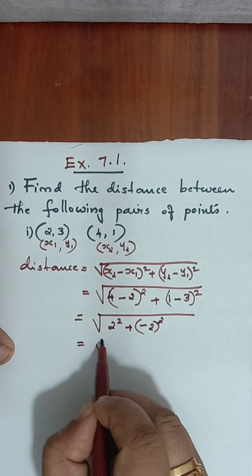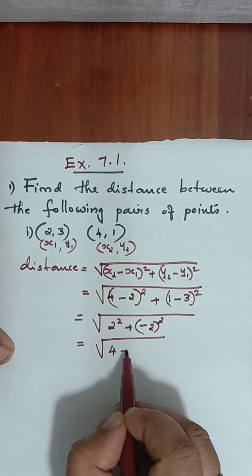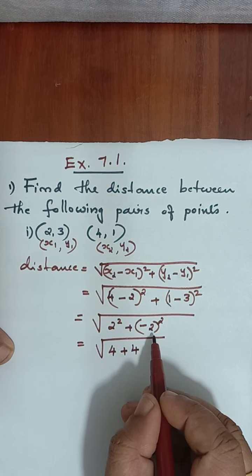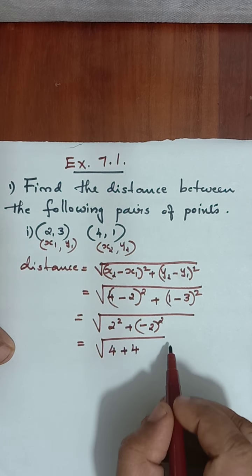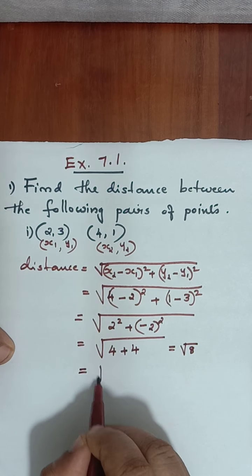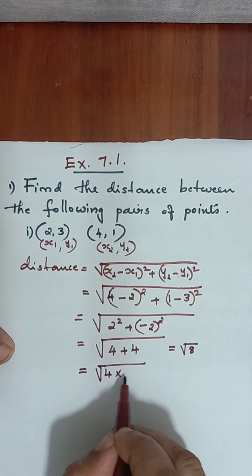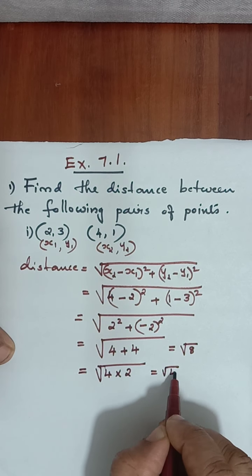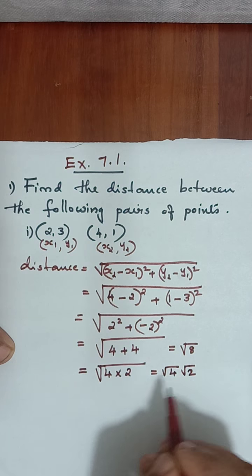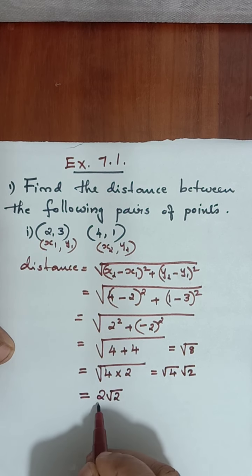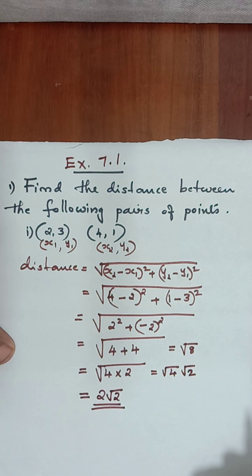That's equal to square root of 2 square is 4 plus negative 2 square is also 4. Negative 2 into negative 2, that is positive 4. Isn't it root 8? How to split this root 8? Isn't it root 4 into root 2? Root 4 we know. What is root 4? It is 2 and then left with the root 2. 2 root 2 is the value.